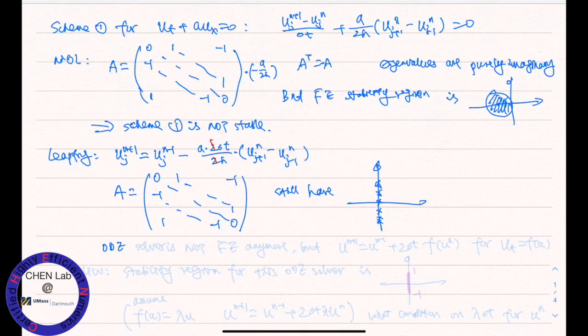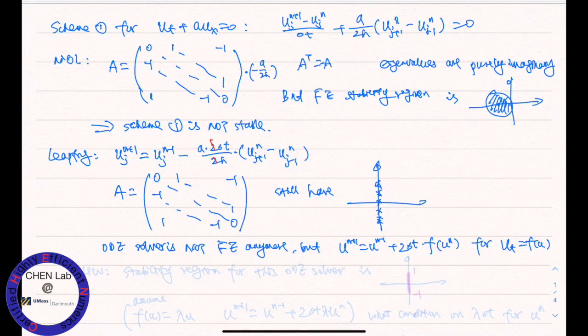The ODE solver is not forward Euler anymore, it is Leapfrog: u^{n+1} = u^{n-1} + 2 delta t f(u^n), for the ODE u_t = f(u).